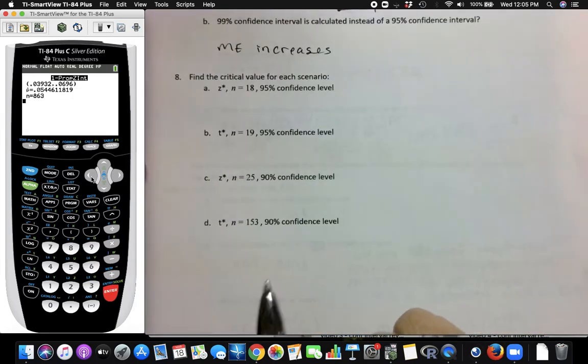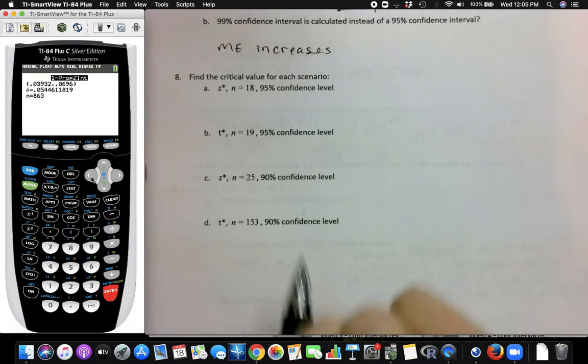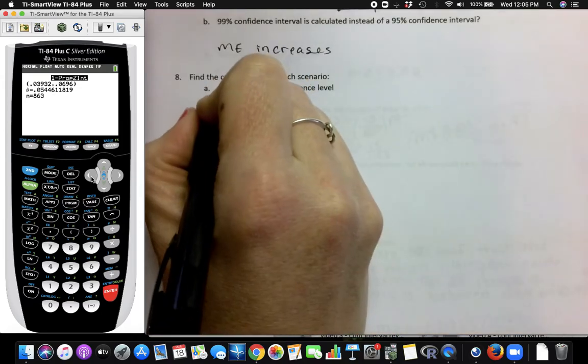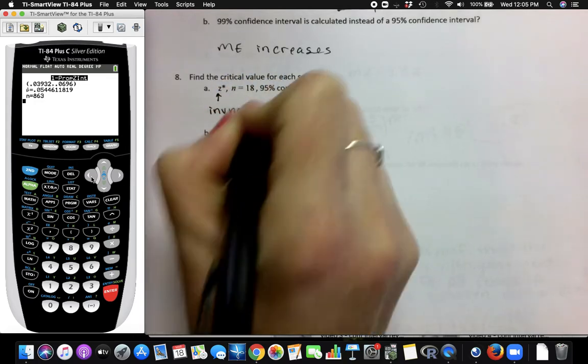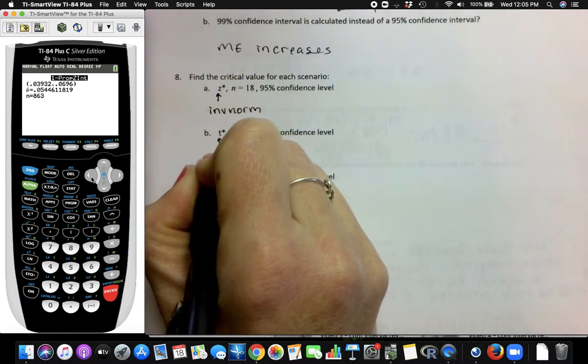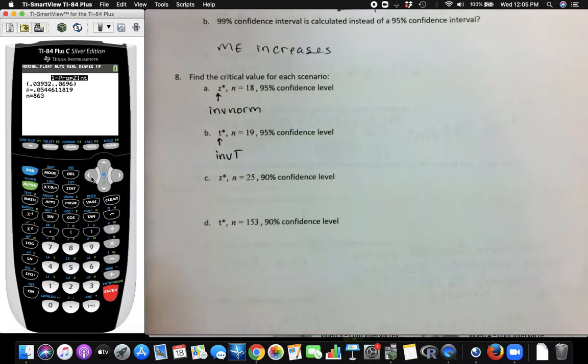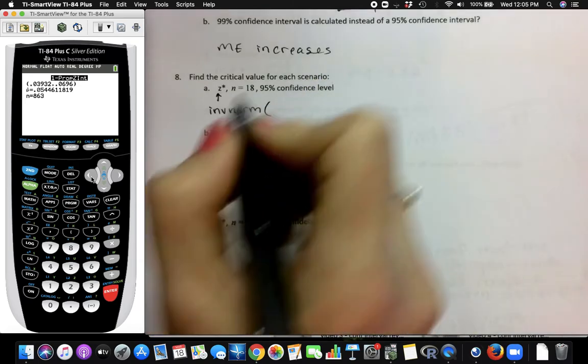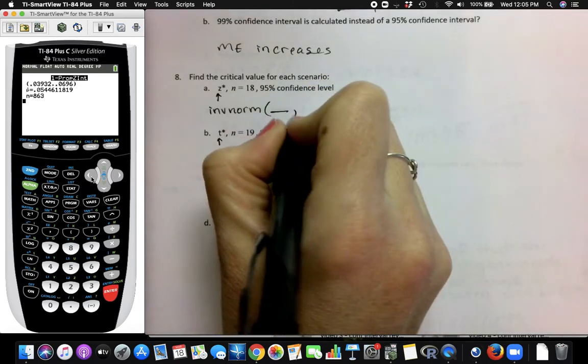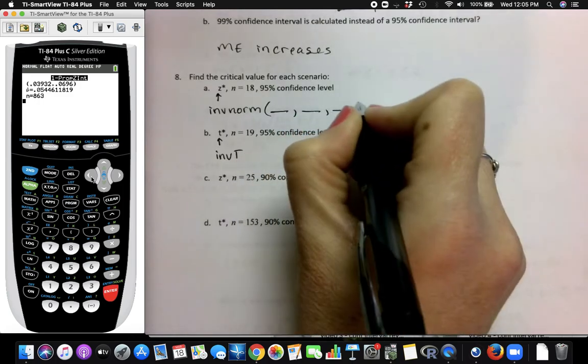So last problem, just finding some critical values. Anytime we see z critical, that means you're going to use inverse norm. Anytime you see t critical, you're going to use inverse t. Now for inverse norm, you need an area, a mean, and a standard deviation.